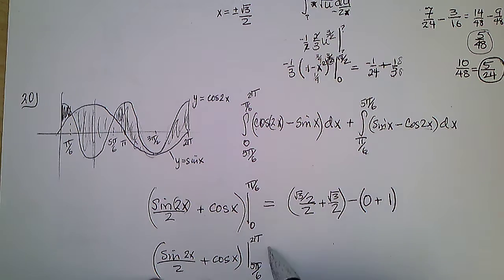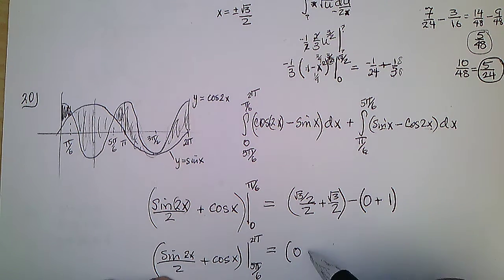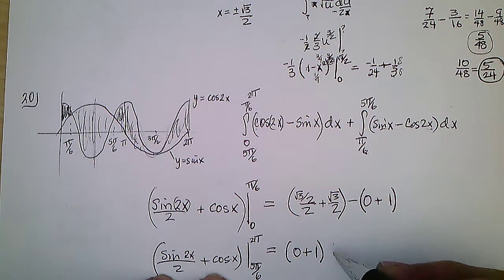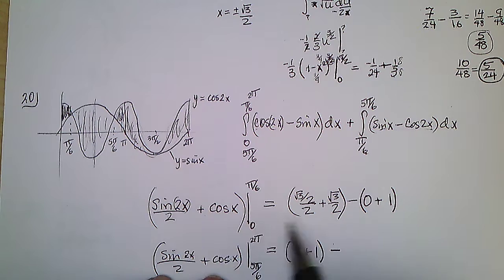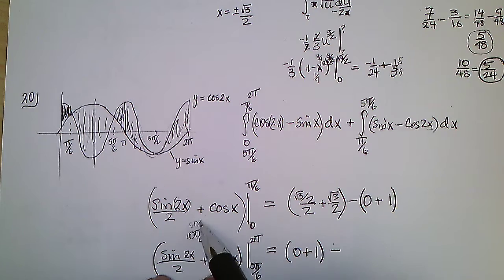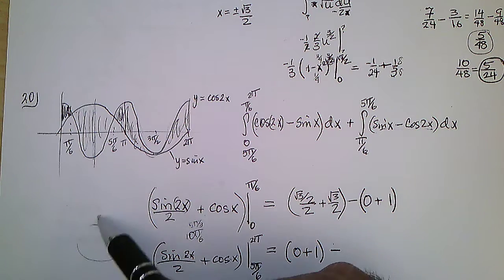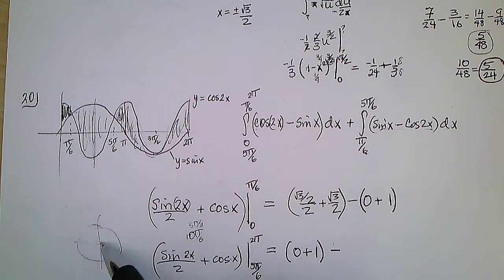For this one, 2 pi times 2 is 4 pi, sine of 4 pi is 0, plus cosine of 2 pi is 1, minus 5 pi over 6 times 2 is 10 pi over 6, which is 5 pi over 3. 5 pi over 3 is 1, 2, 3, 4, 5.